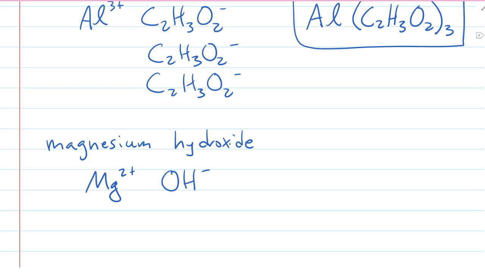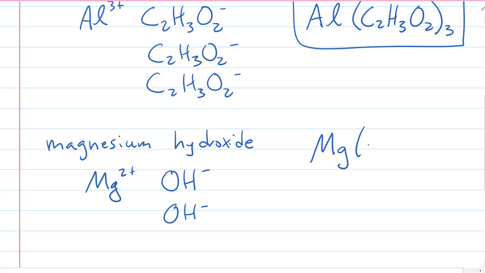So now, we want to balance charges. How many magnesiums do we need? 1. How many hydroxides? 2. So now if we write the formula, it's going to be Mg, and then what? Parentheses. And then an OH and a 2. And so again, parentheses are included whenever we have more than one polyatomic ion.